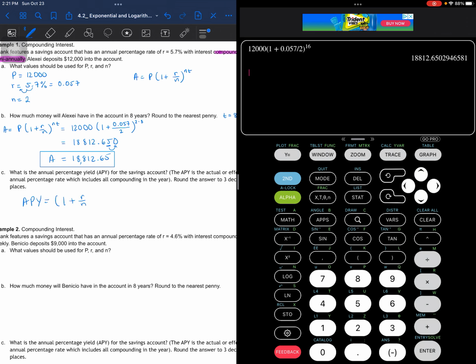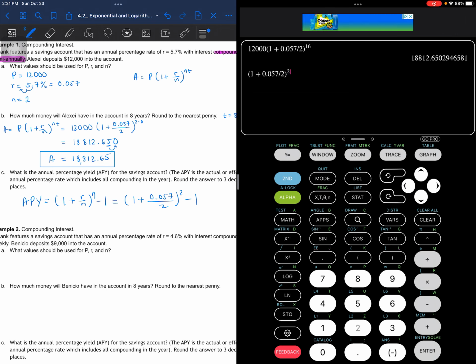Now the next part is to find the annual percentage yield. So we already know the formula for this, but again, let's write it out. It's going to be 1 plus R over N, to the N, minus 1. So let's replace that: 1 plus 0.057 all over 2, raised to the 2, minus 1.